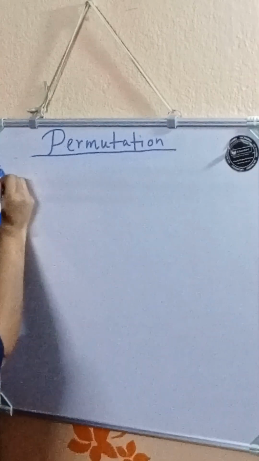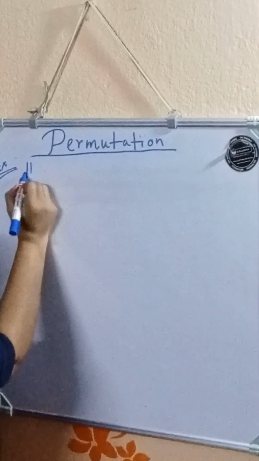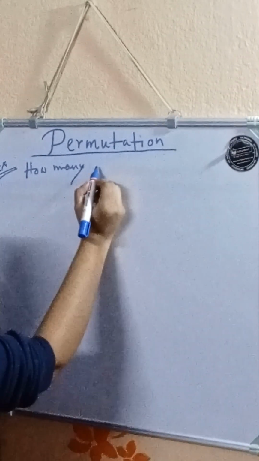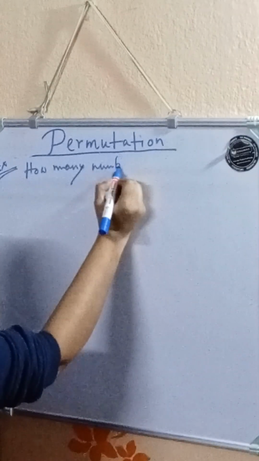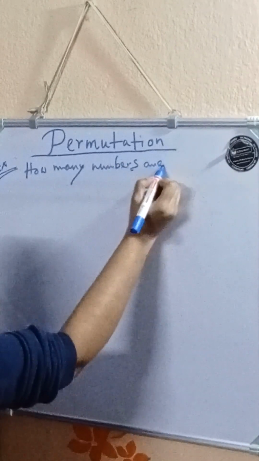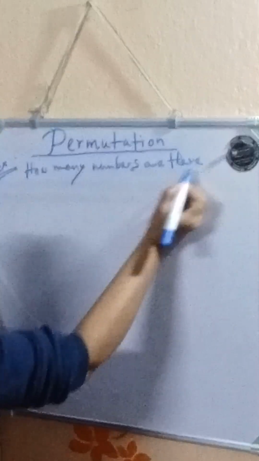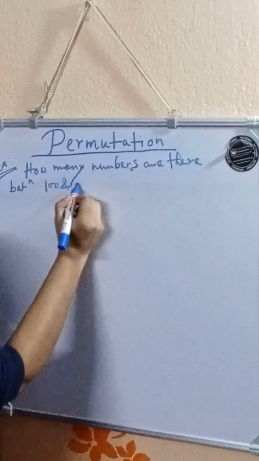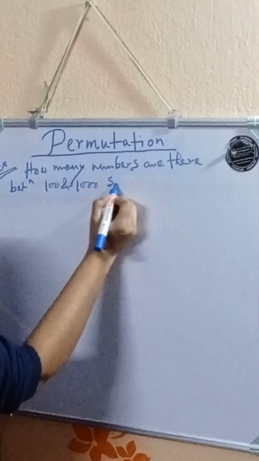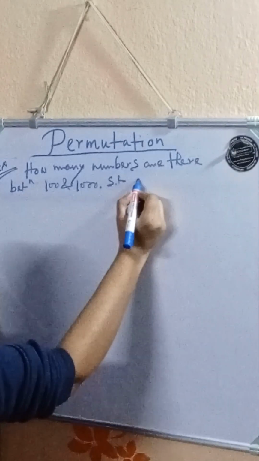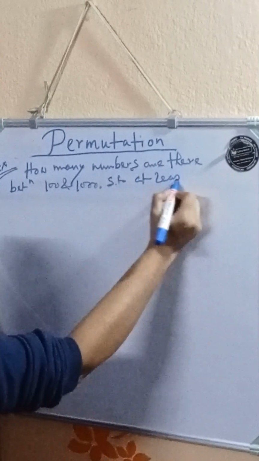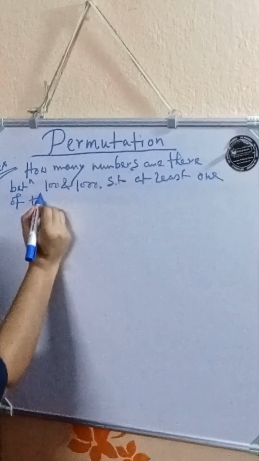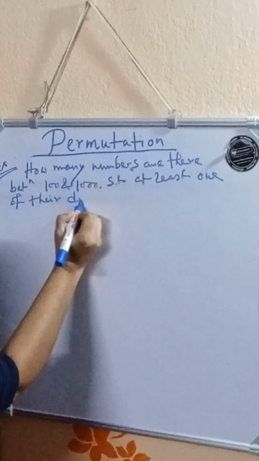Now another example. How many numbers are there between 100 and 1000 such that at least one of their digits is 7?